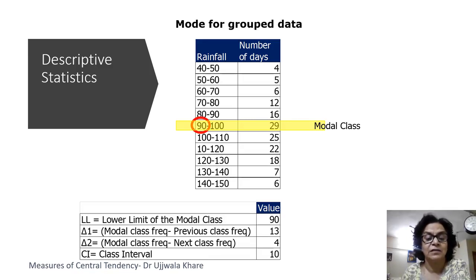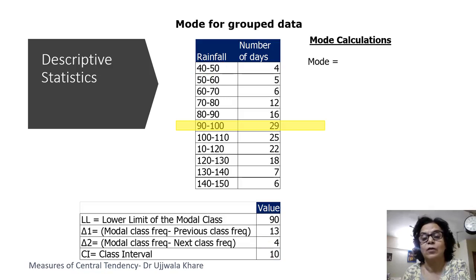So 90 is the lower limit. Okay. Then we are subtracting 29 minus 16, that is modal class frequency minus previous class, so that is 13, and we are subtracting the modal class frequency minus the next class frequency, that is 4. 29 minus 25 is 4, and the class interval is 10. 50 minus 40, that is 10.